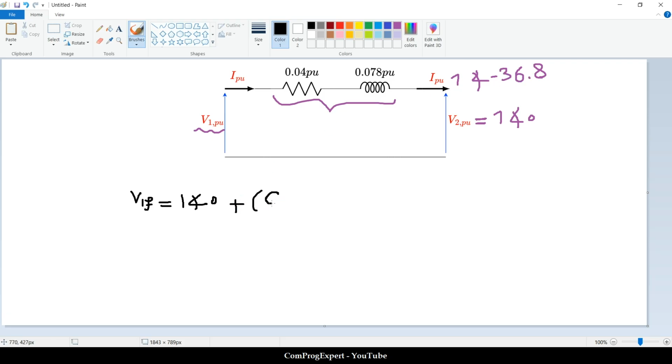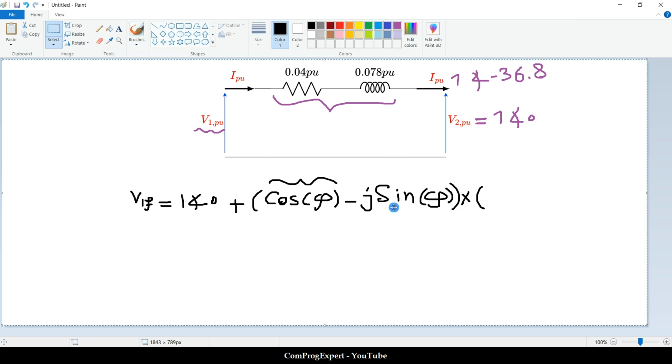So we can write cosine of phi, this is the power factor, right? Minus j times sine of phi, times this one.